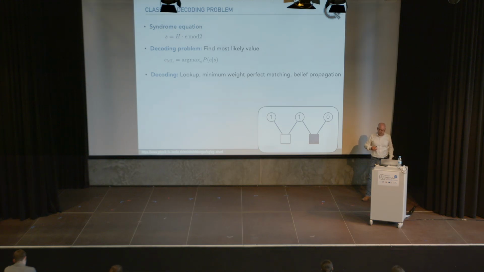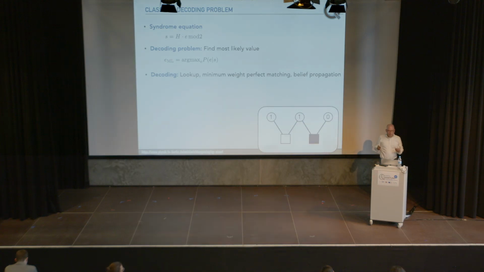So the syndrome equation is, given an error E and the parity check matrix H, there's S as the syndrome, and the decoding problem is to go the other way around. You don't see what errors occurred, as you wish, but given S, the syndrome that you've actually observed, what is the most likely error that could have happened that corresponds to this observed syndrome?